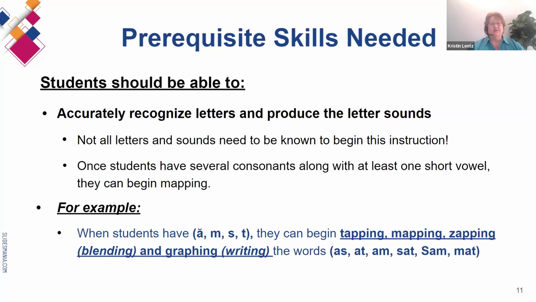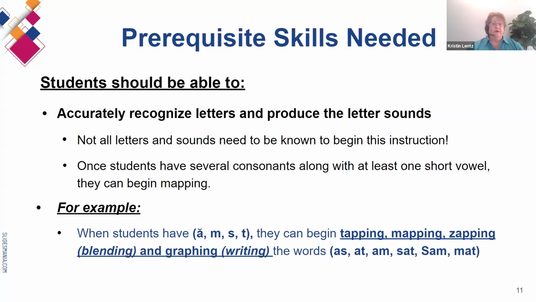Again, as structured literacy advises, we should be integrating these two activities together. So once your students have learned at least several consonants and perhaps one short vowel, they can start mapping words.